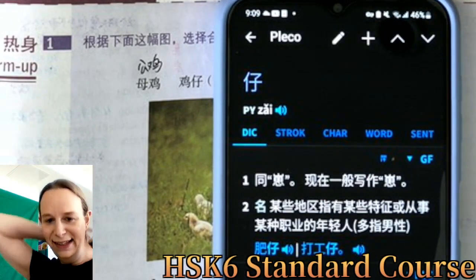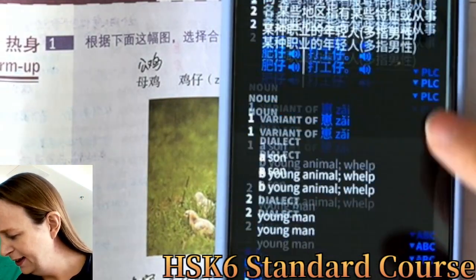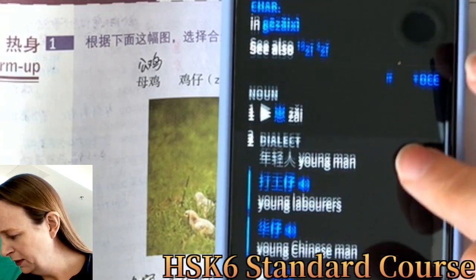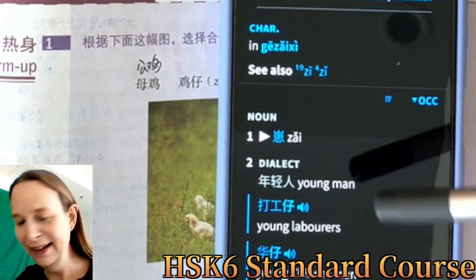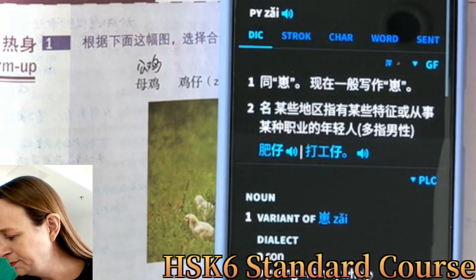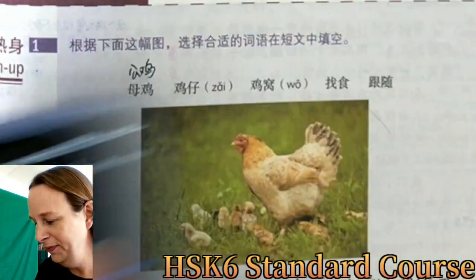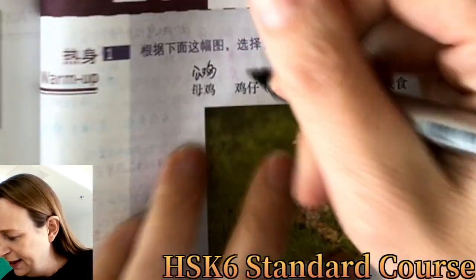My understanding is this is used as a suffix to mean offspring. I've seen a variant of this character around as well, and I didn't know they were the same thing. Let's jot that down.